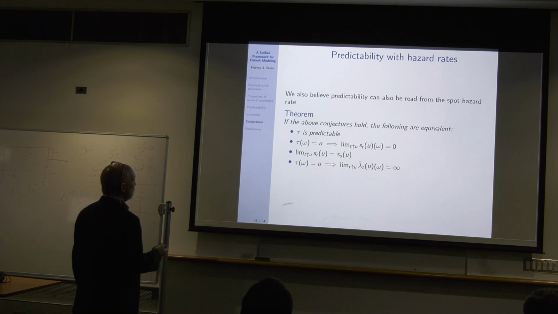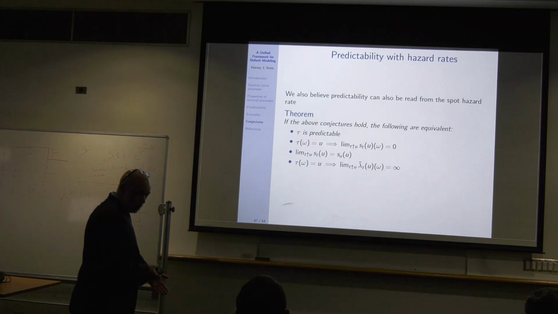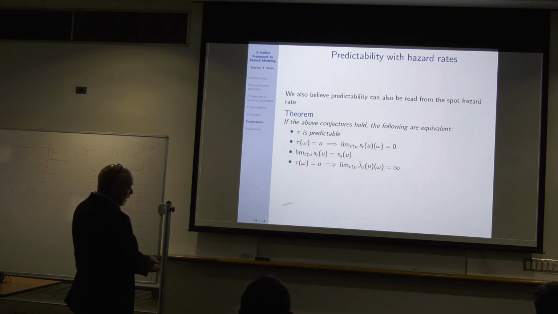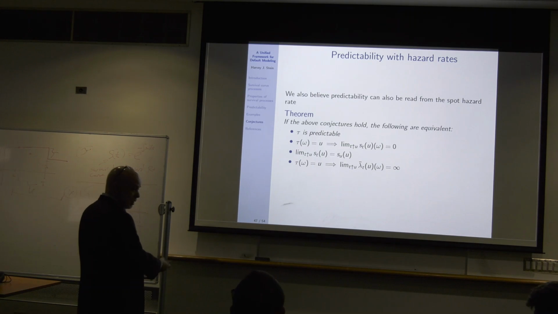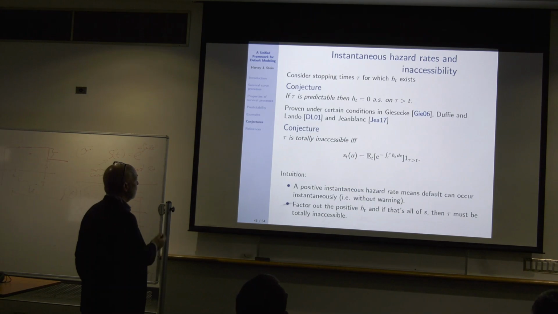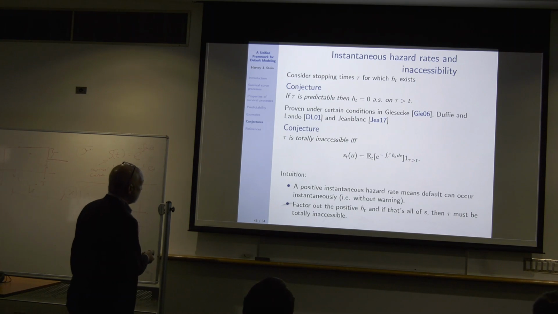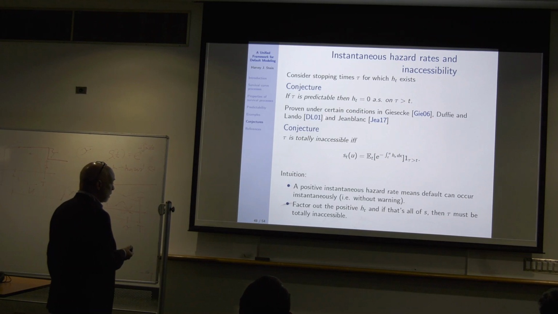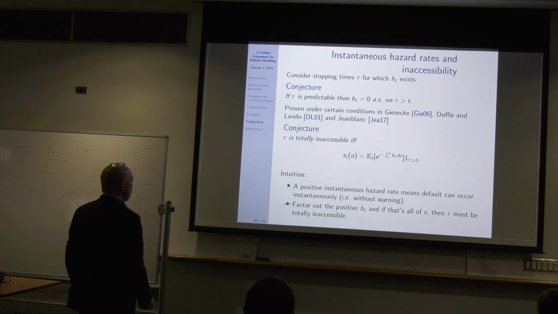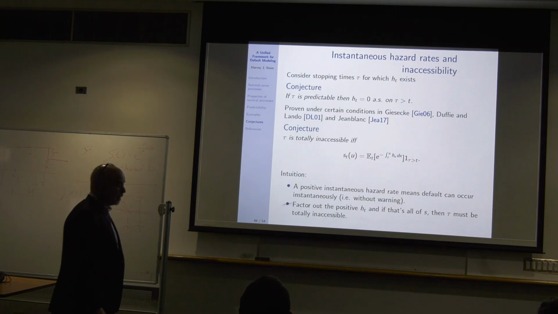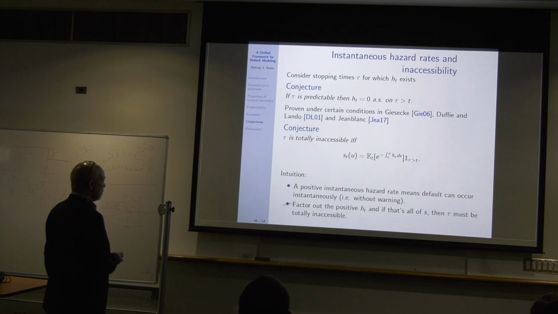Essentially the survival probability has to go to 0, which means that the spot hazard rate has to go to infinity. And similarly, we expect that if it's predictable, the instantaneous hazard rate has to be 0, which is proved under certain conditions in these papers, but under fairly restricted conditions, not in general.